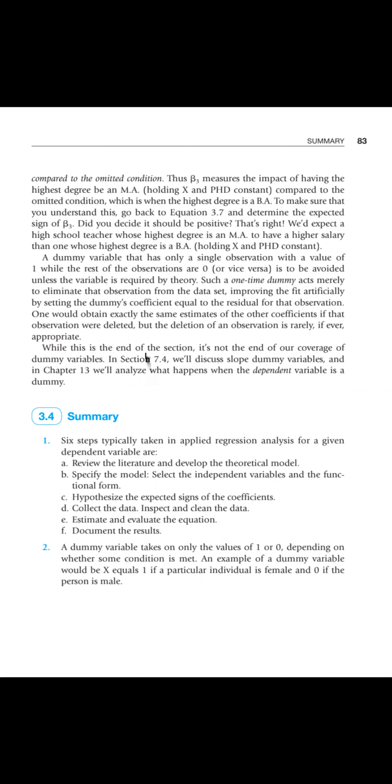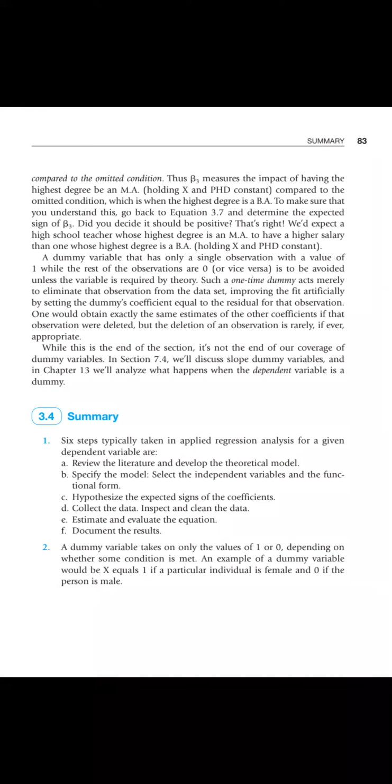So we discussed all this last week. And then hypothesizing the expected signs of the coefficients, and then collecting data, and then inspecting and cleaning the data, and then estimating and evaluating the equation, and then documenting the results. Those are the 6 steps there.